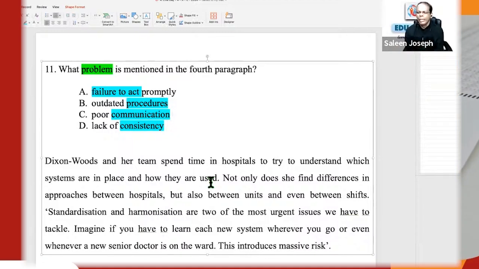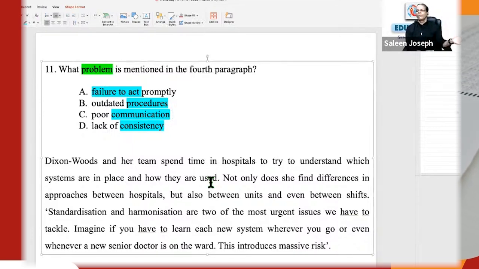What are the systems being used by the health professionals in the hospital? Not only does she find differences in approaches between hospitals, but also between units and even between shifts. She went to different hospitals. When these people are doing it this way, the other people are doing it in a different way. Different units are using different systems.